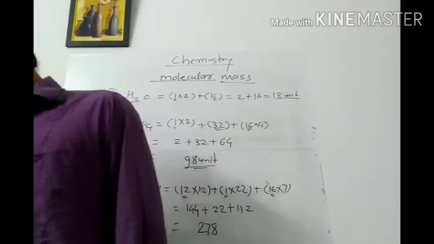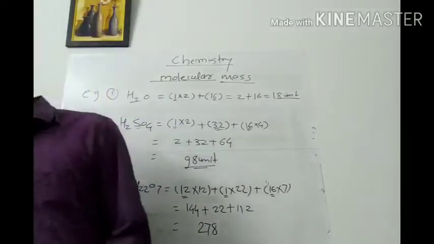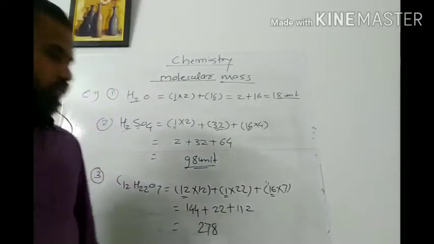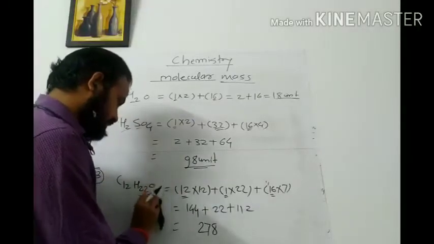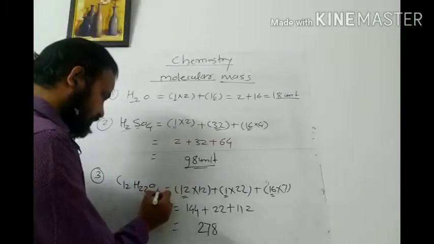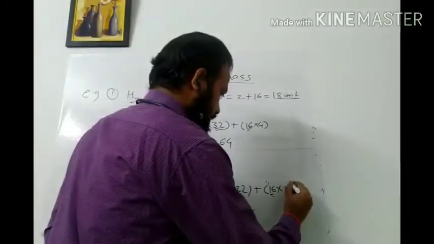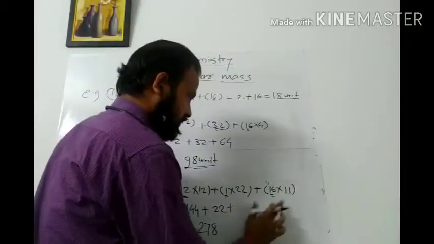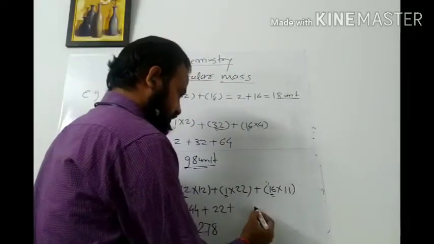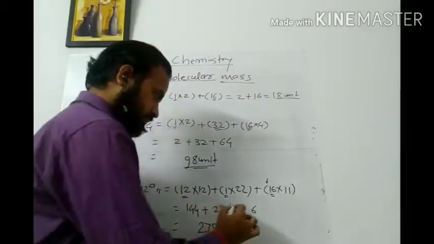Actually it is C12H22O11. I have to calculate with this. I wrote the formula for sucrose somewhat wrong. Oxygen, a total of 11 atoms are there, so I will correct it. So it becomes 16 into 11. If I calculate it, 16 elevens are 176.